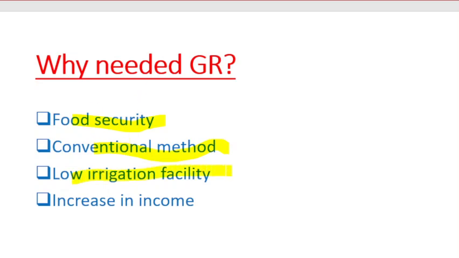Then low irrigation facility is also a very important point, because India had an agriculture which is basically monsoon based. If it is a good monsoon, we would expect a good production. But if there is scanty rainfall, then there will be loss. Famines will be there, hunger will be there, because there is not enough food to feed the population. So low irrigation facility. And then increase in income.